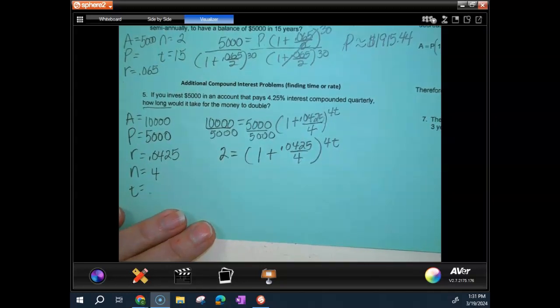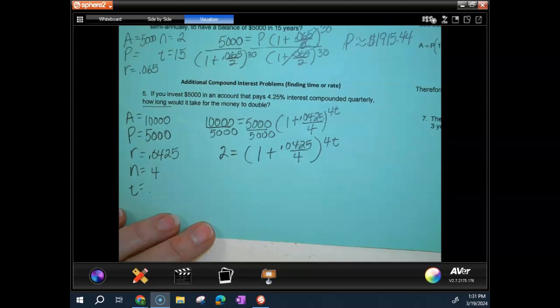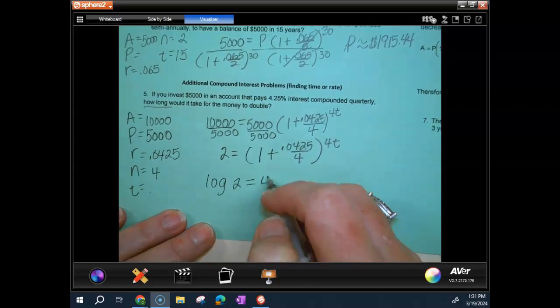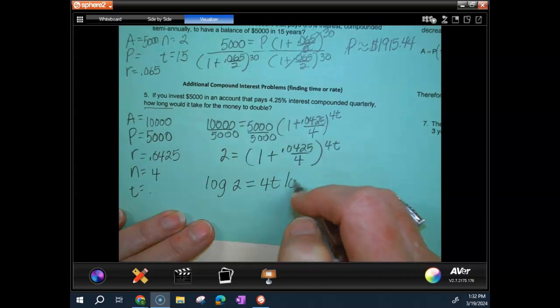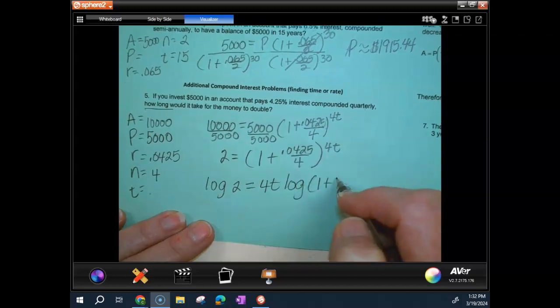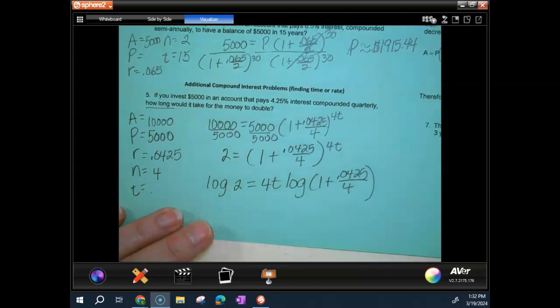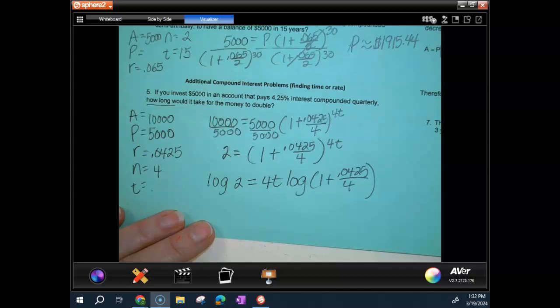My variable is in my exponent. What's the only way we know how to get the variable out of the exponent? What do I have to take on both sides? What did we do yesterday? How do I drop that to the front? You got to take the log on both sides, right? And then how do I solve?